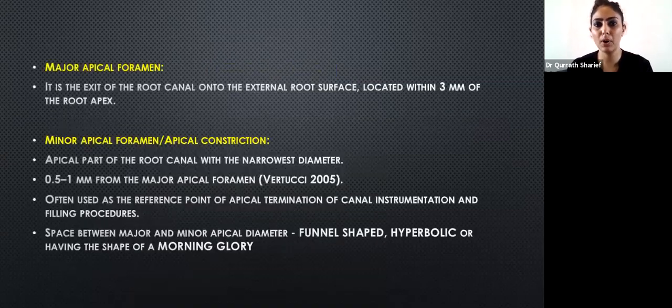Why is it important? I would be talking in the beginning about the general methods of how you can identify these extra canals. Before going into that, there are two terminologies I would like to tell. One is called the major apical foramen, and the second is called the minor constriction. Now, what is the major apical foramen?